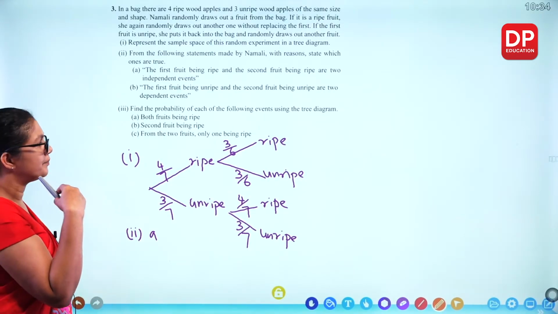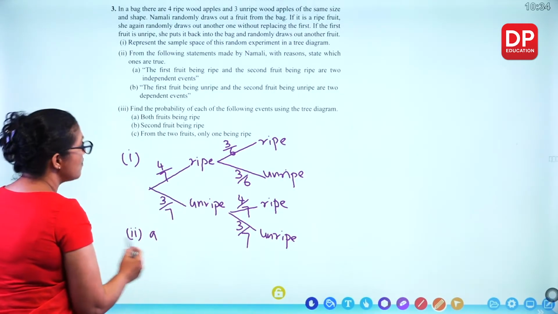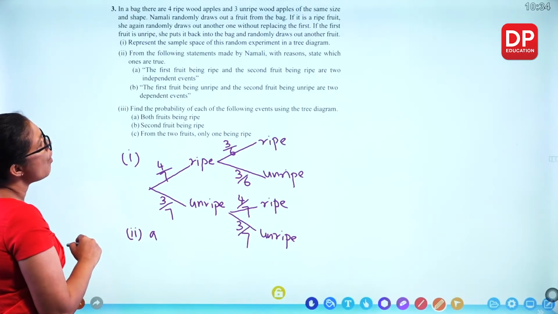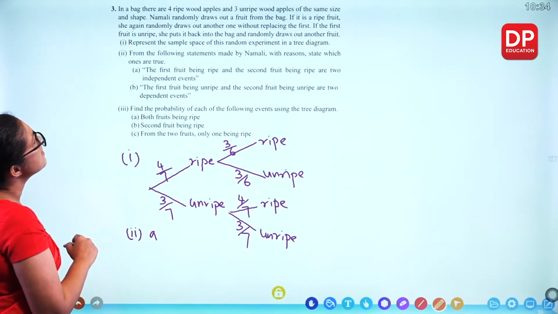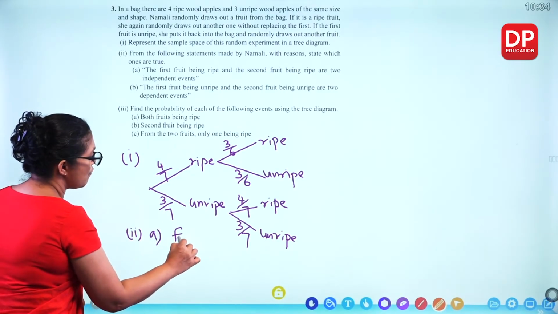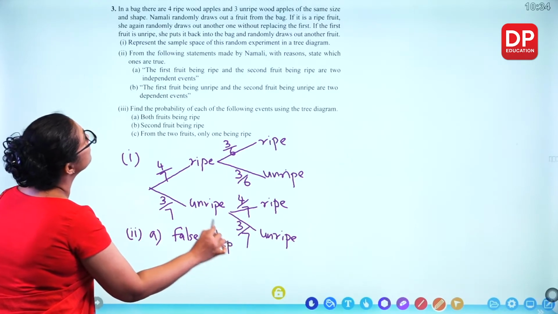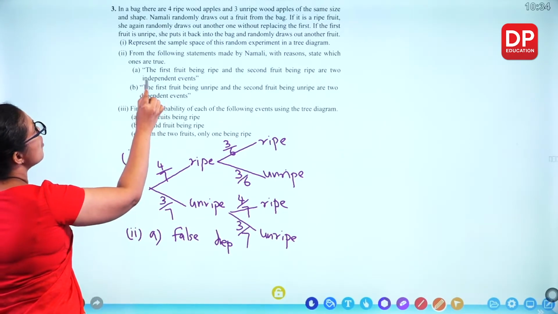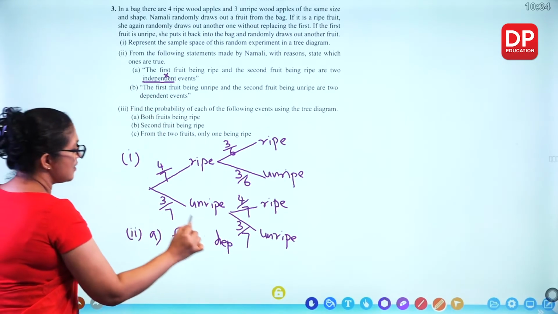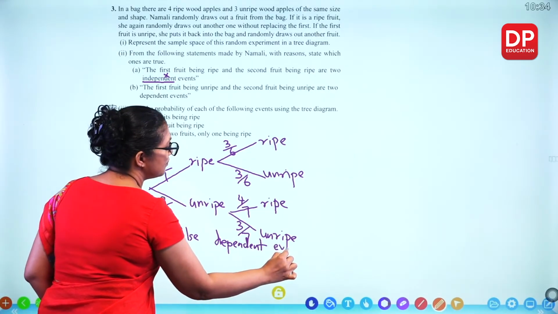What can you say? These two, the probabilities are not the same. So that's wrong. So you can say false. Part A is false. That's dependent. This is wrong. Not independent. So dependent events.